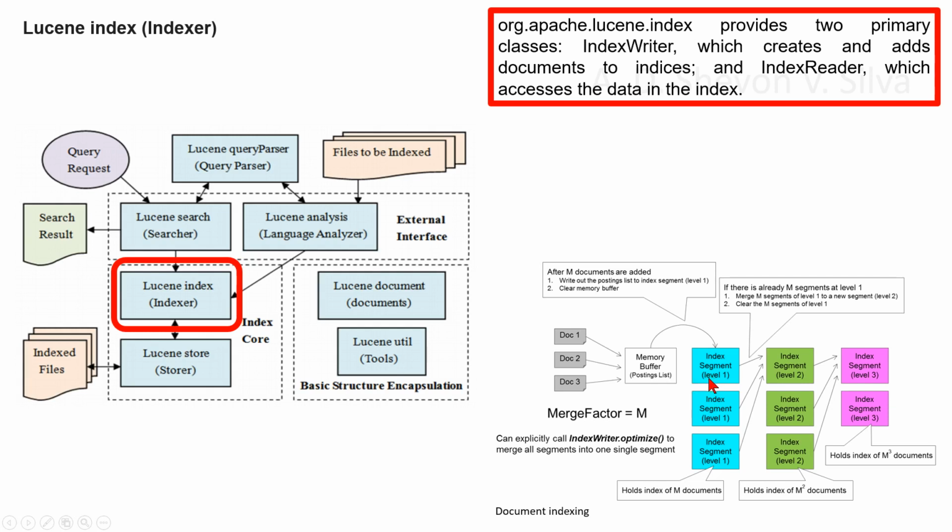Walk the posting list from both S1 and S2 together in sorted term order. For those non-common terms that appeared in one of S1 or S2 but not both, write out the posting list to a new segment S3.